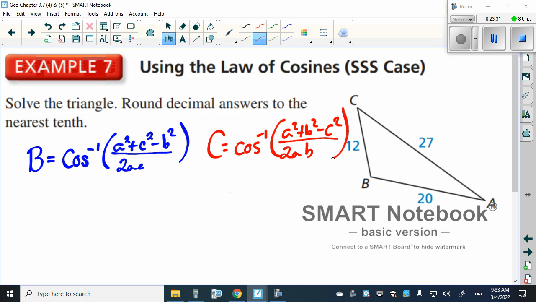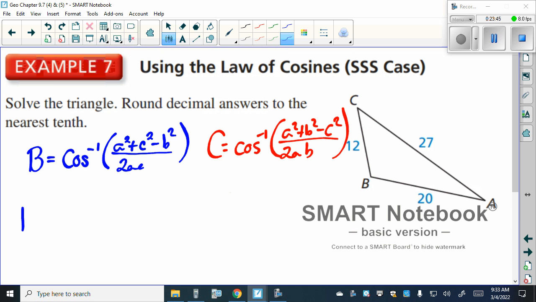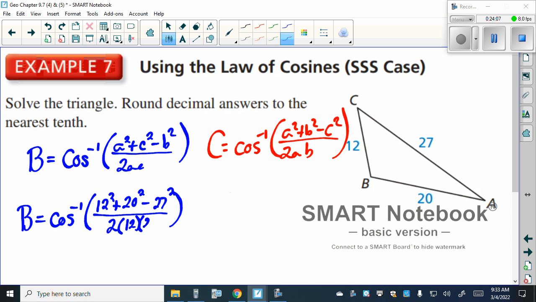And again, when I look at these, whichever angle I'm solving, inside the cosine inverse function will be the one we're subtracting, and it's the side that's not included on the bottom of the fraction. So for angle B would equal cosine inverse of A in this case is 12 squared plus 20 squared minus 27 squared over 2 times 12 times 20.